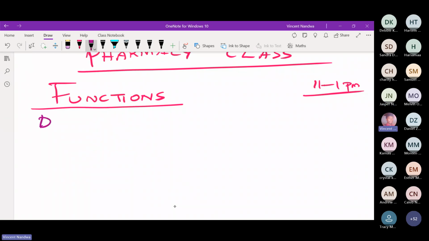So let's give the definition of a function. Let A and B be two sets.